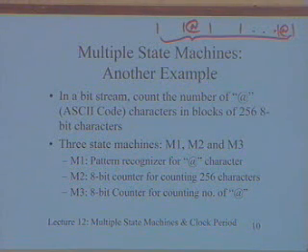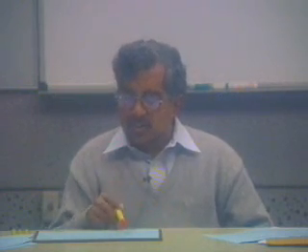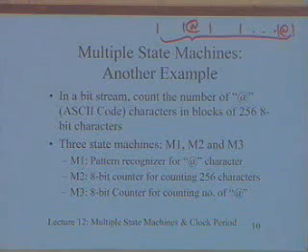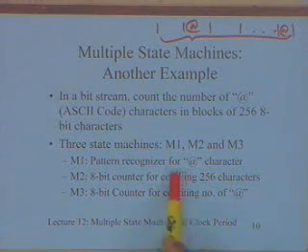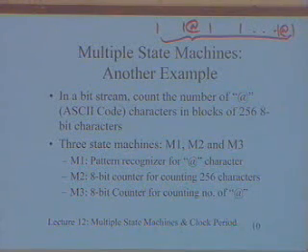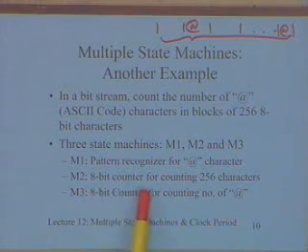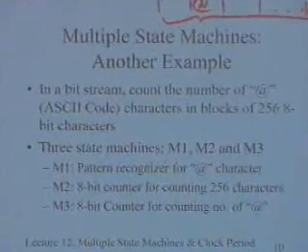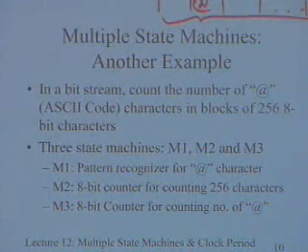If you look at this, of course one can design it with 3 machines, and one can design it with 4 machines. I am doing it with 3, and I will also indicate the other. One is a pattern recognizer for the at character, because this is just a sequence of ones and zeros, and I look at the ASCII code for at and do a pattern recognizer for that. The second is an 8-bit counter for counting 256 characters. I need to count 256 to get the block.